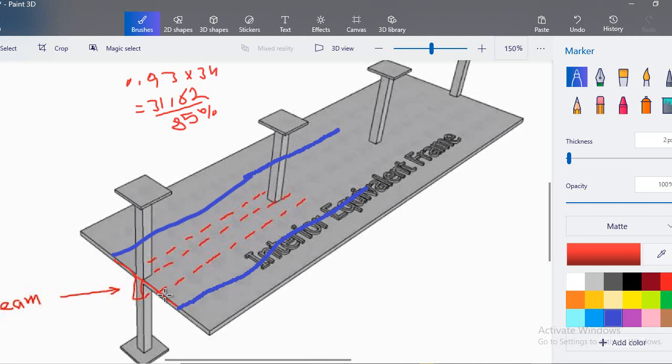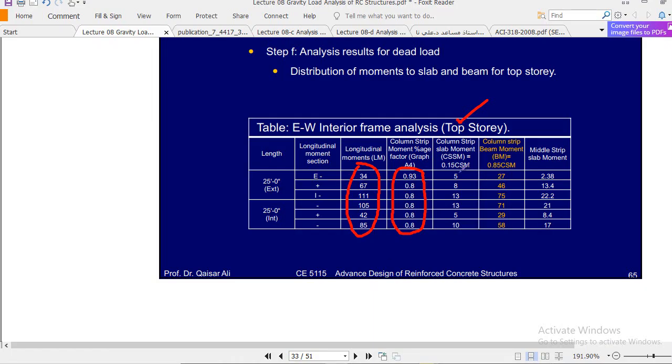Clear? This is very important. So that's why they multiply by 0.15 and 0.85.